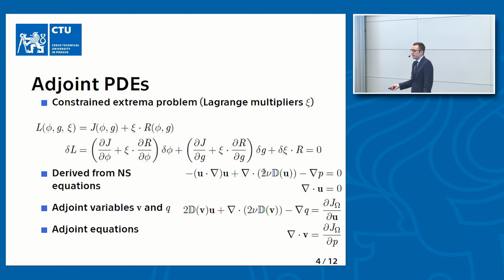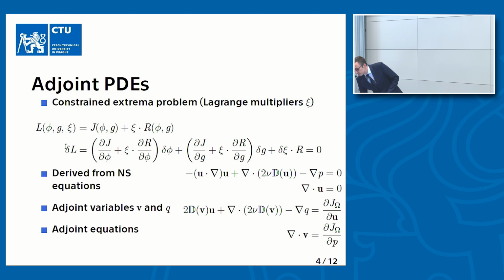So this comes from the method of Lagrange multipliers, which is used to solve a constrained extrema problem, which our optimization problem inherently is. It defines a new cost function using so-called Lagrange multipliers xi, and says that the solution to our original problem is such a combination of primal variables, design parameters, and the Lagrange multipliers for which the total variation of the new cost function is equal to 0.